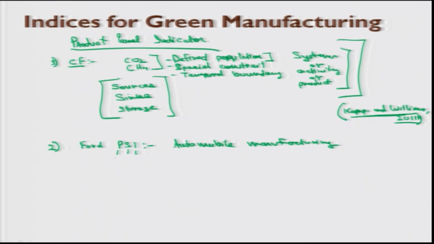I will put the name here as well, Product Sustainability Index. So, it is automobile manufacturing and even services.